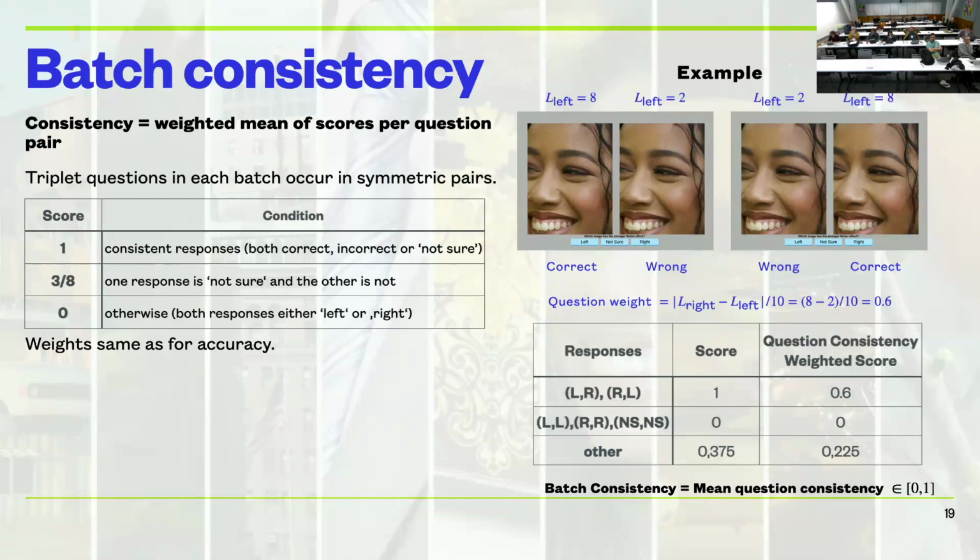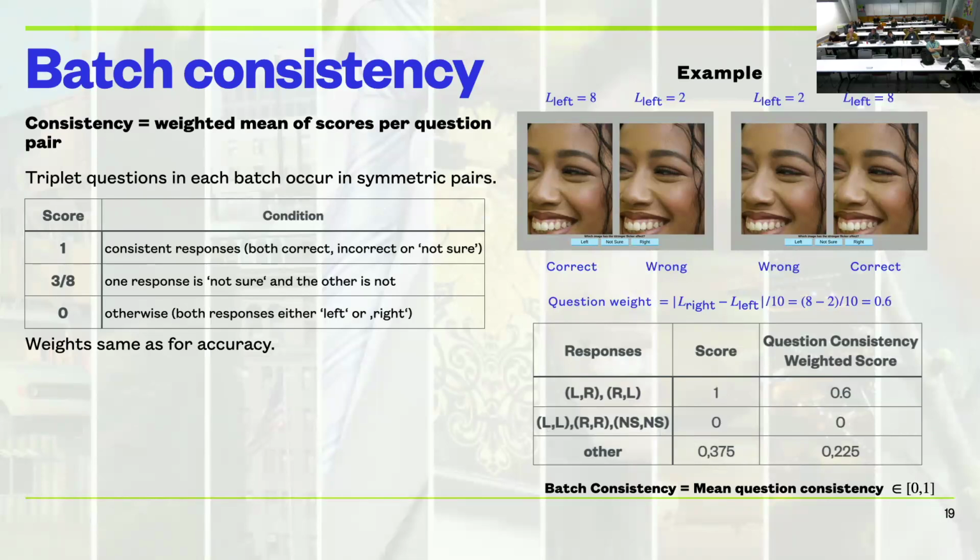We give a score of 1 if both answers are correct. If the answers are inconsistent, so left-left, or right-right, or not sure, they get a score of 0. And all others get a score of 3/8. Then the weights are calculated as before.